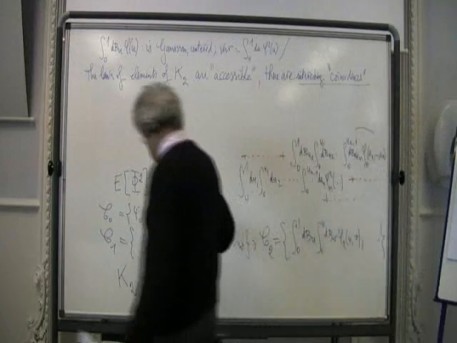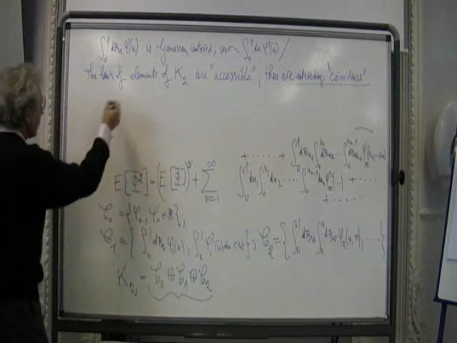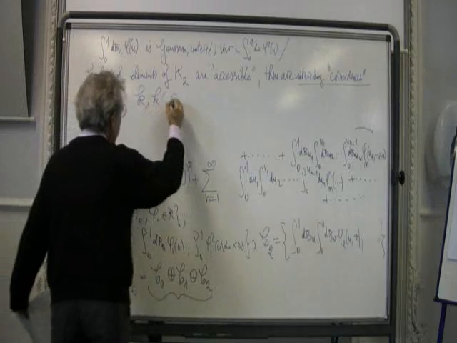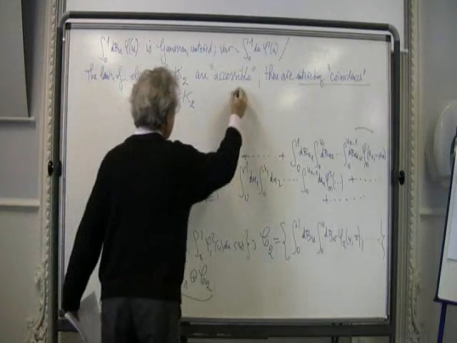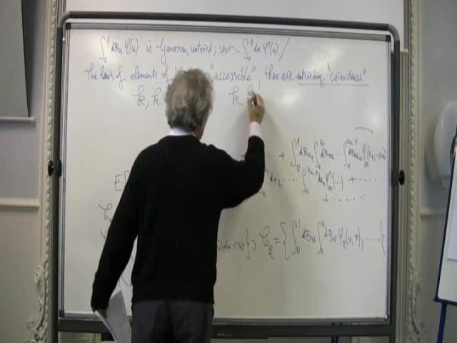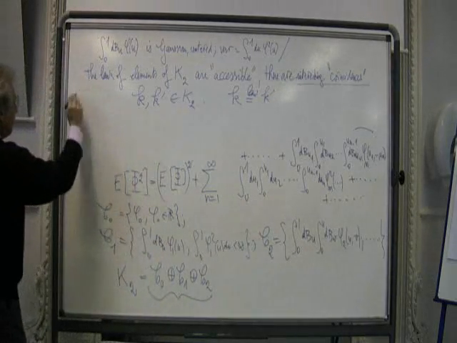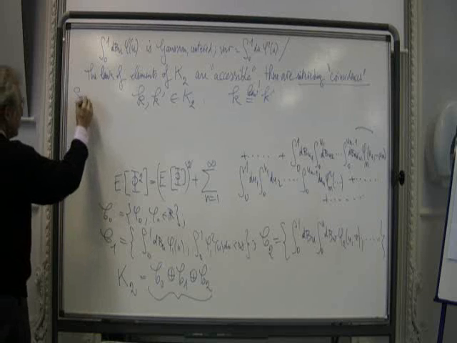So you could have K and K prime belonging to K2, and K equals in law K prime. So we will be interested in some discussion of this.